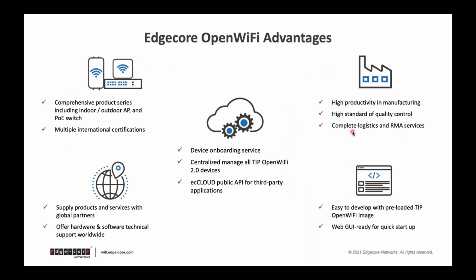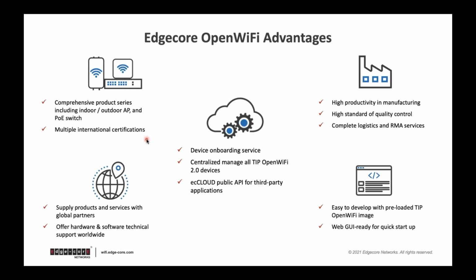And this page presents the advantages that Edgecore can provide for OpenWiFi customers. The first one is the hardware part. Edgecore provides many types of hardware for OpenWiFi, including Wi-Fi 5 and Wi-Fi 6 APs, indoor and outdoor APs, and even PoE switches.